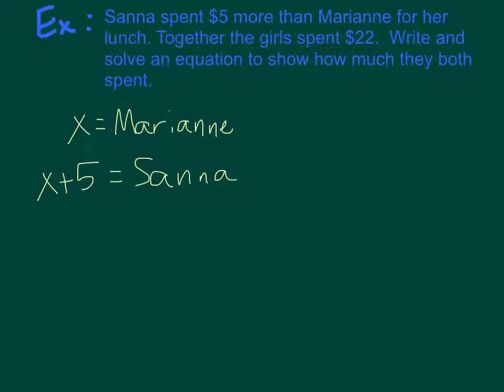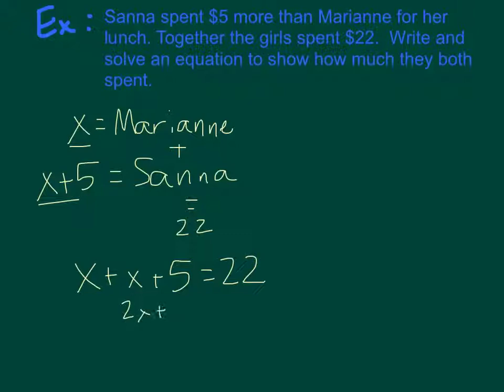And together they spent 22. So if I take Marianne and add it with Sana, I should get 22. So I'm going to take Marianne's money she spent, x, and I'm going to add that with Sana's money, which is x plus 5, and I should get a total of 22. So now I'm going to solve my equation. Remember, simplify first. 2x plus 5 equals 22.